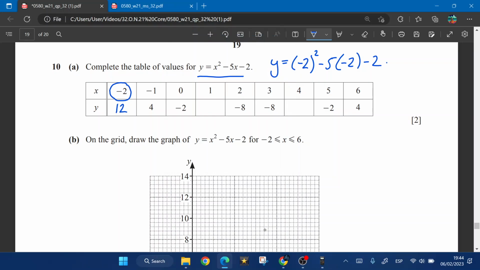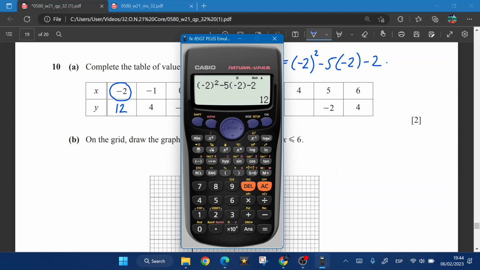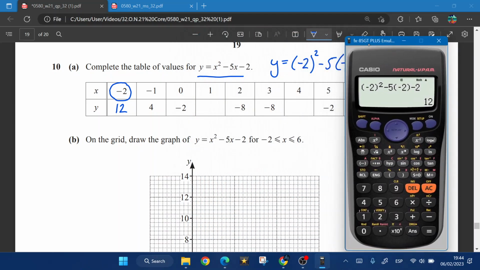Okay. Next one, then we put a 1 where that -2 was. You can retype everything, you can do it in your head, or you can go like this. Put the 1 now instead of a -2. Everything is still the same. x squared minus 5x minus 2 is now 1 squared minus 5 times 1 minus 2.